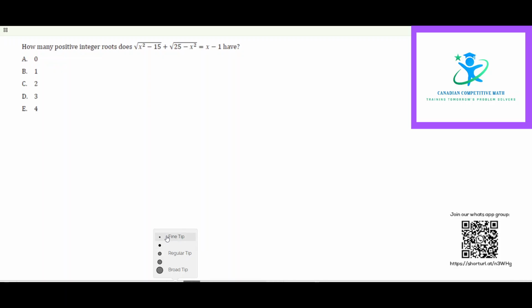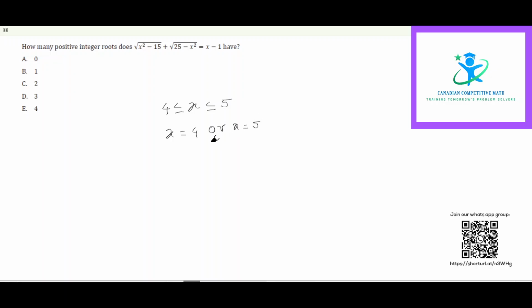We established from the previous step that 4 is less than or equal to x is less than or equal to 5. Since x is a positive integer, it cannot take any values in between. So x can be 4 or x can be 5.